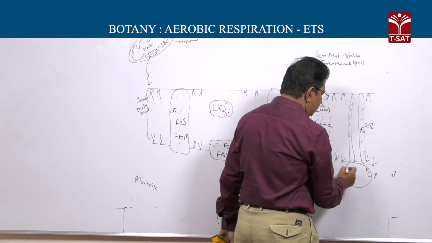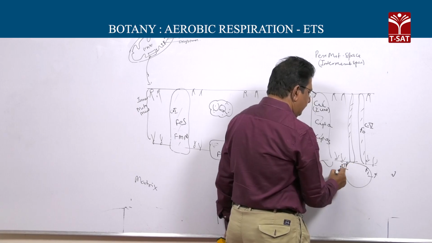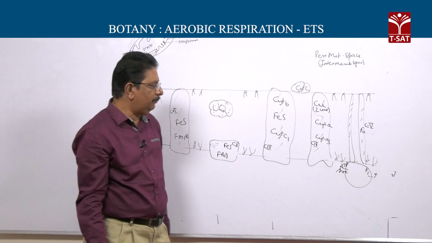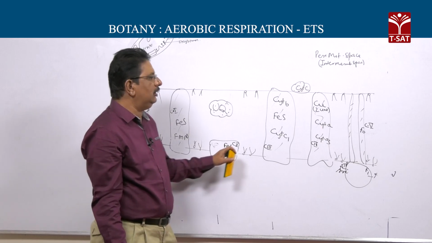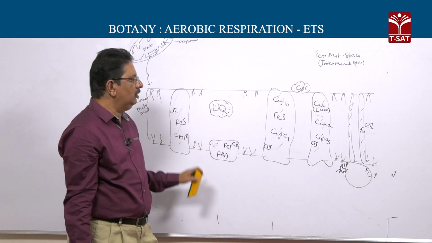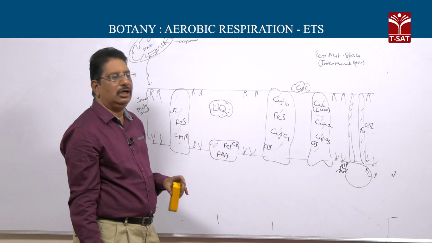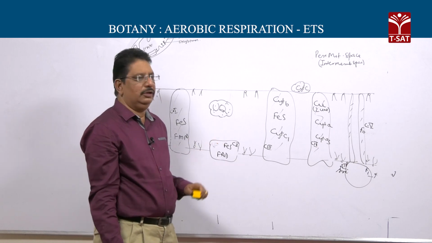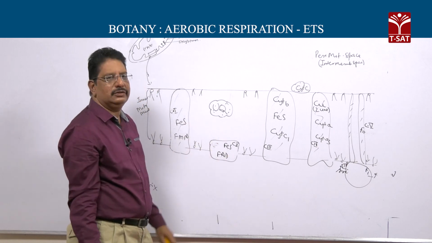The enzyme name is ATP synthase. So, 5 different complexes with 5 different enzymes along with 2 electron carriers are involved in the process of the last and final event.